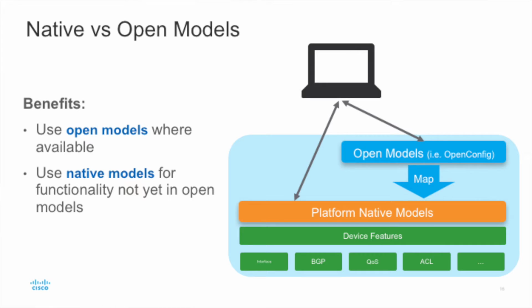So the idea is, whenever an open model is available, to map the open model with a native model. And for whatever models are not available in the open world, fall back to the native ones. Okay? So again, the idea is to leverage the open models whenever they are available. Whenever they are not available, fall back to the native ones.